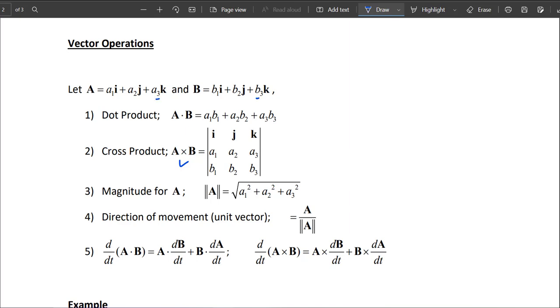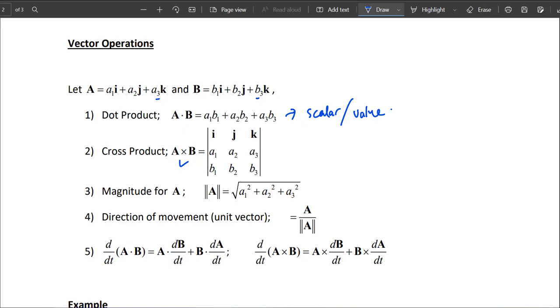For dot product, the result of A dot B is a scalar. There is no component of i, j and k left. So here we only get a scalar, meaning a value only.